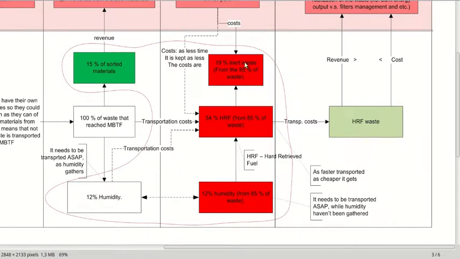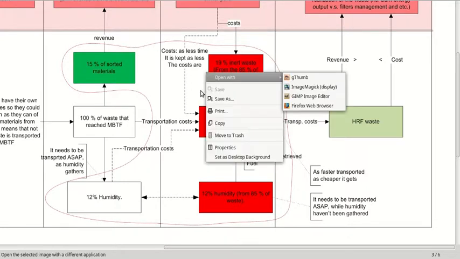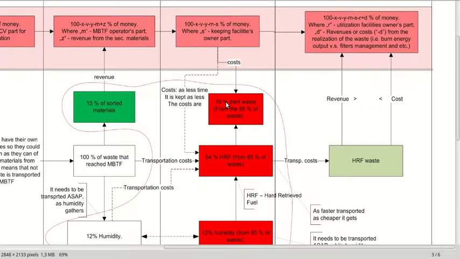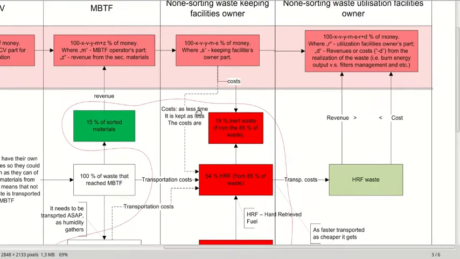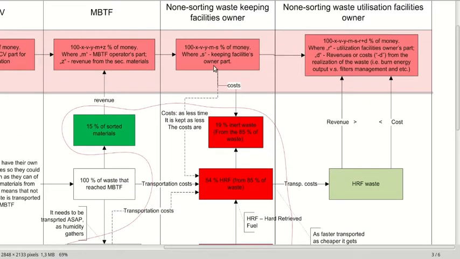All right, so three parts of that. Inert waste, you cannot put it anywhere. You just, I don't know, dump it somewhere, build a house from it. Not sure, but anyway, that's the cost.